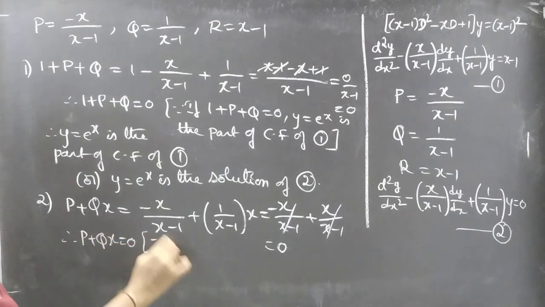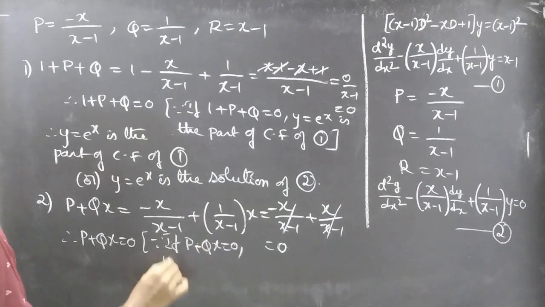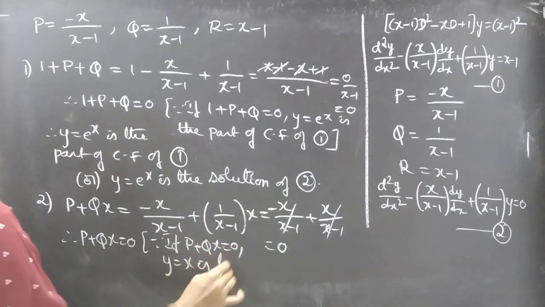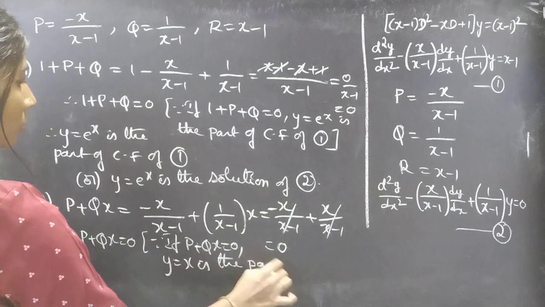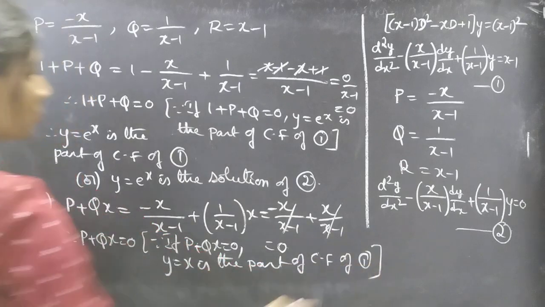Therefore p plus qx equals 0. Since we know that if p plus qx equals 0, then y equal to x is the part of CF of 1, right?